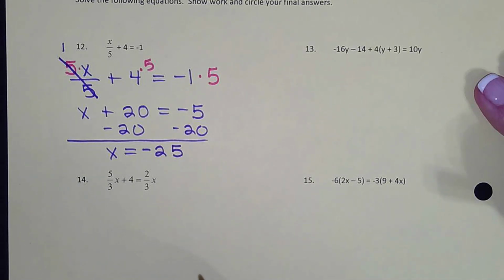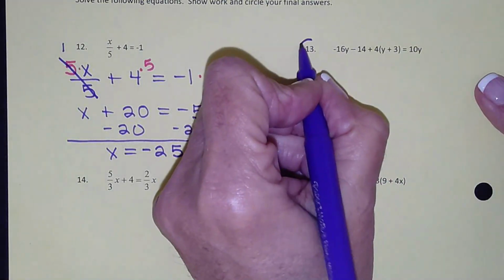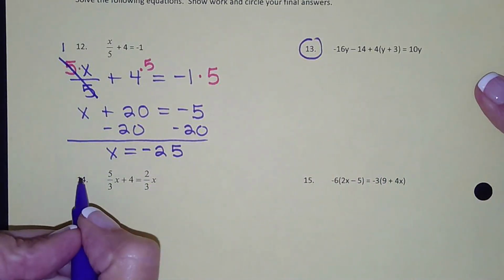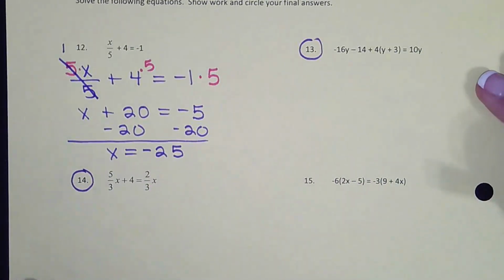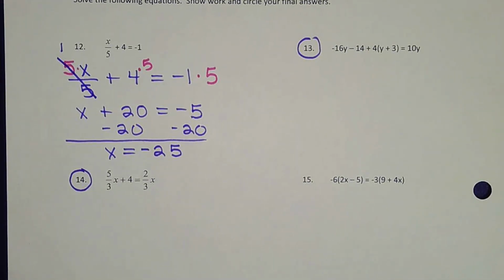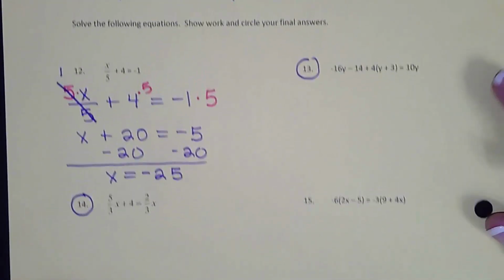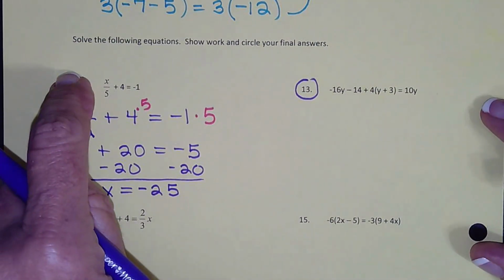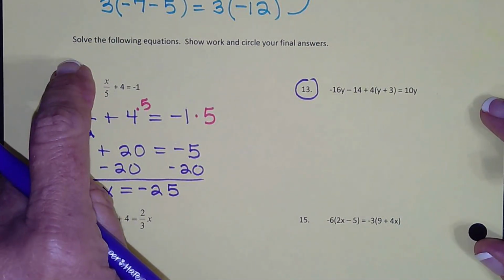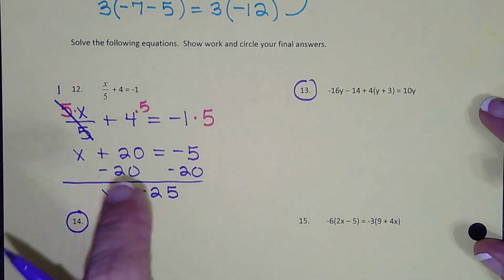And I want to check a couple of these. So how about we check 13 and 14, because they're a little bit busier ones, probably the busiest on the page. Just to remind you, every problem where the directions say solve on your test, and there's going to be a lot of them, can be checked.